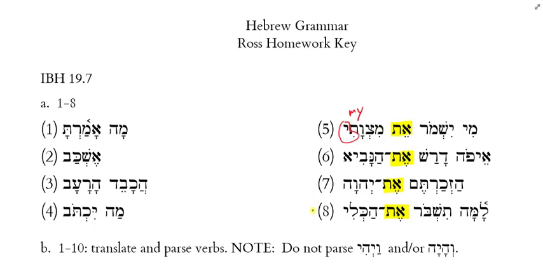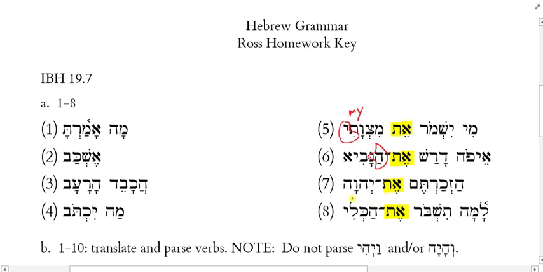Okay? The next one, hanavi. Where did he seek et hanavi? The object of the seeking is the navi, and notice I have an article on hanavi. So that makes it definite. I need the sign of the accusative, which marks definite direct objects. Yahweh is the object here, Adonai.